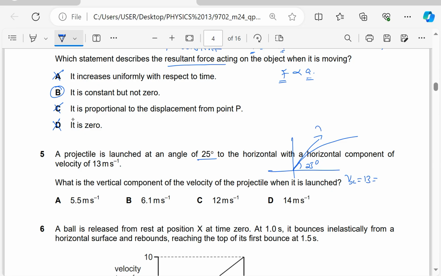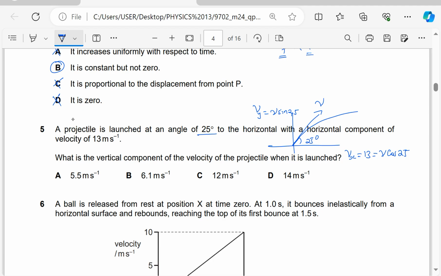If V is the resultant velocity with which it is launched, then 13 is the same as V cos 25, if we resolve in the horizontal. Then velocity in the vertical, Vy, is V sin 25.